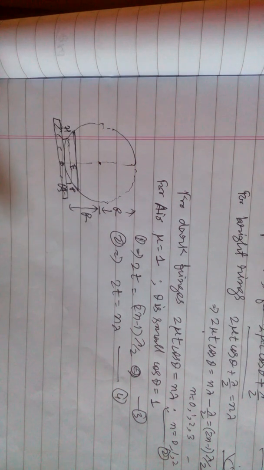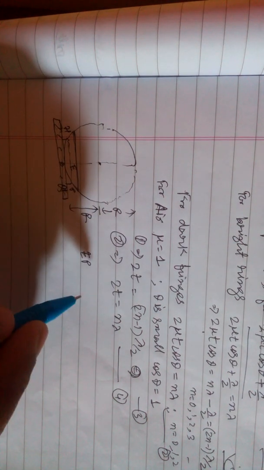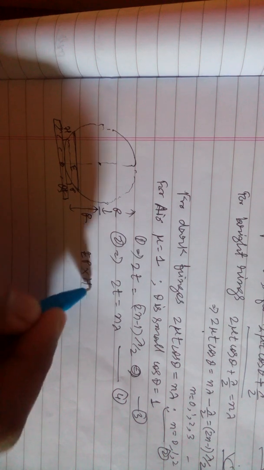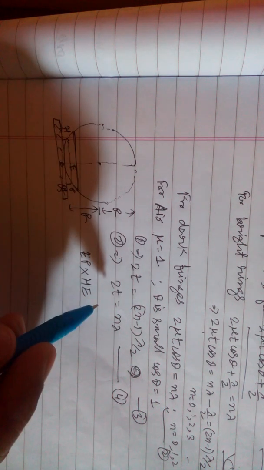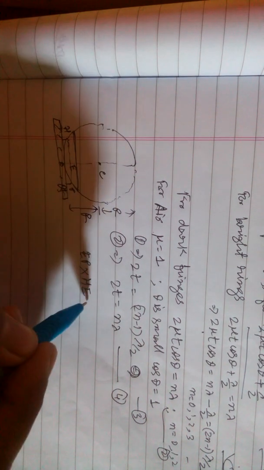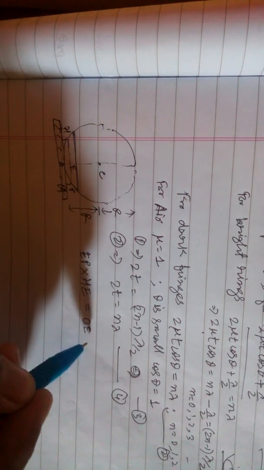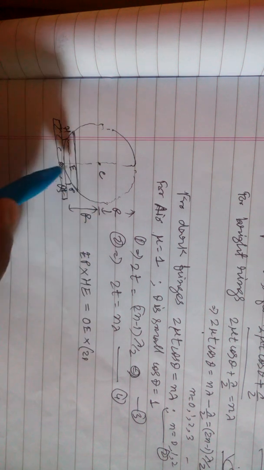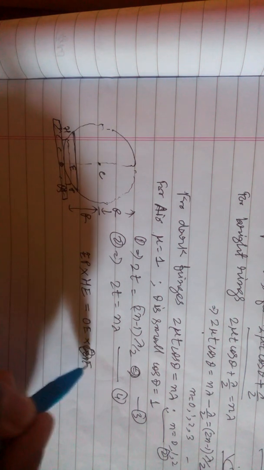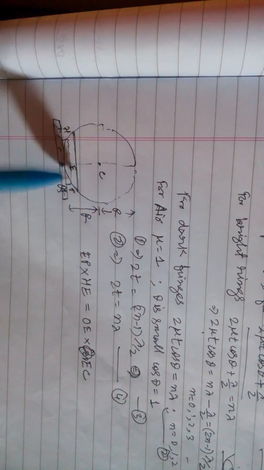From this geometry we can write that EP cross HE, these two are chords, equal to OE cross EC. HP and these two are chords.